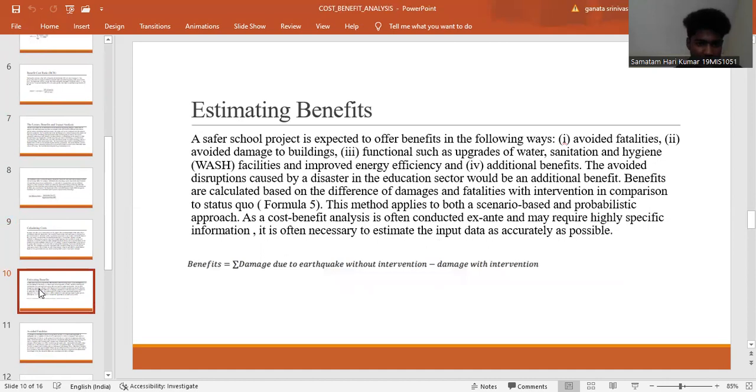Estimating benefits. A safer school project is expected to offer benefits in the following ways. Avoided damage to buildings, functions such as upgrades of water, sanitation, hygiene facilities, and improved energy efficiency, and additional benefits. Avoided damage benefits equal the sum of damage due to the earthquake without intervention minus damage with intervention.